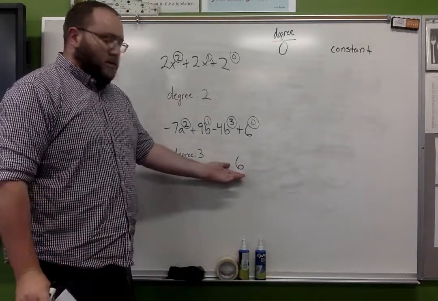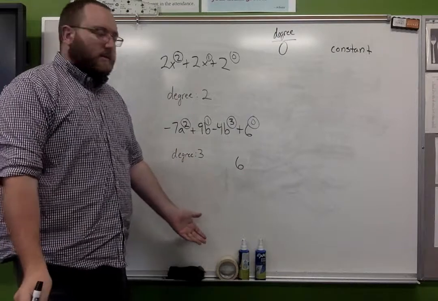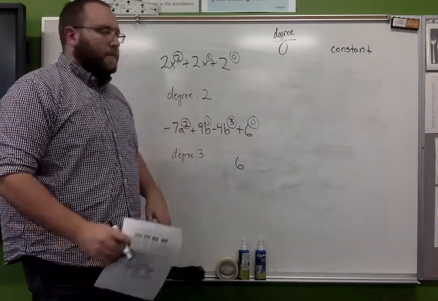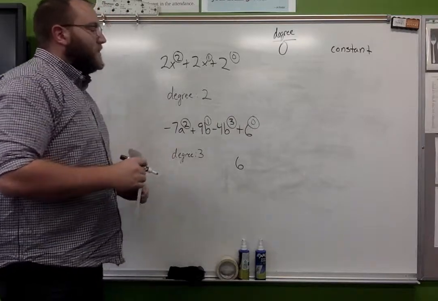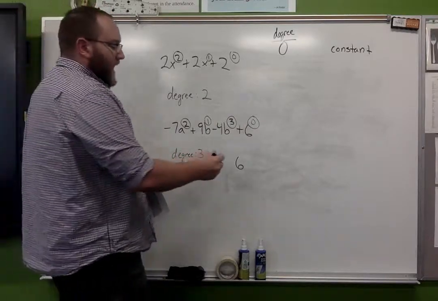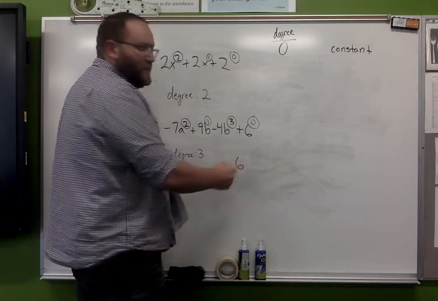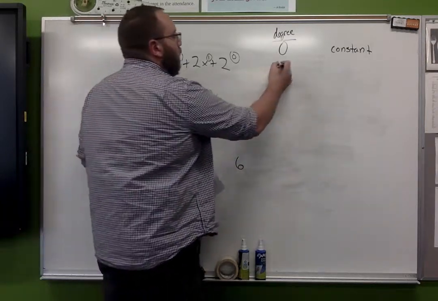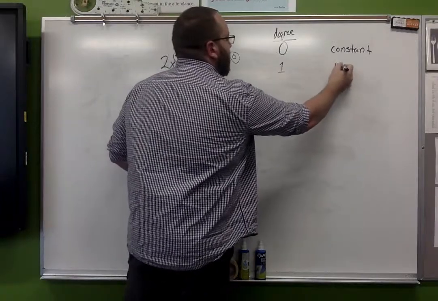The number never changes, right? It's always going to be 6. It's never going to change to something else. It's always going to be a 6, so it's constant. It also has to do with the variable. It doesn't have a variable here, so it's never going to vary, so it's constant. All right, degree 1 is called linear.